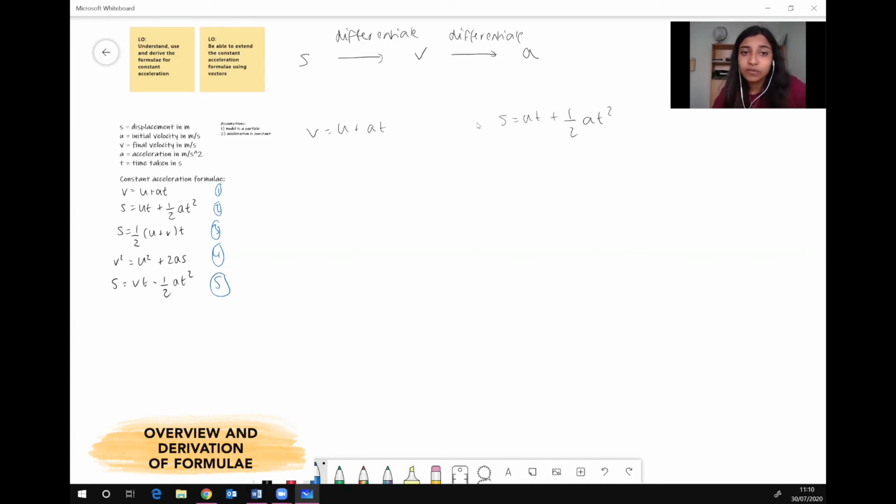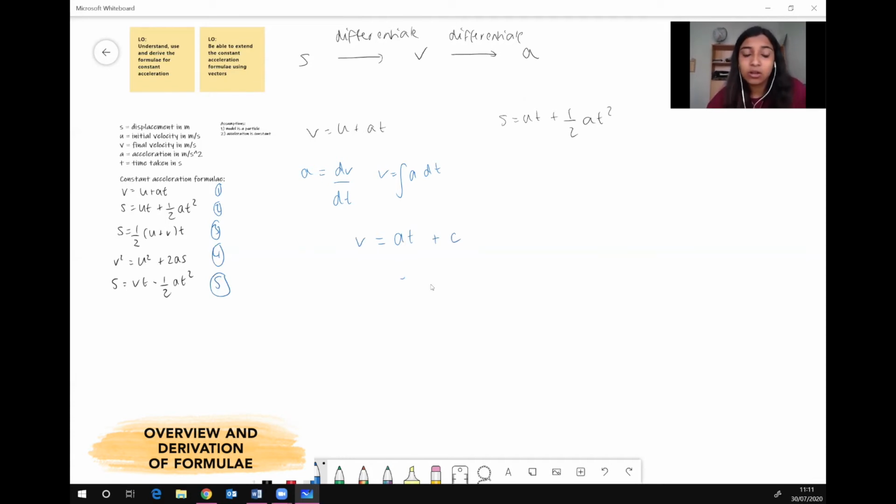So we start off with v equals u plus at. We know that acceleration is just dv over dt, differentiating our velocity, so we can say that our velocity is just the integral of a with respect to t. If we integrate acceleration, we get at plus a constant c, so that gives us v.